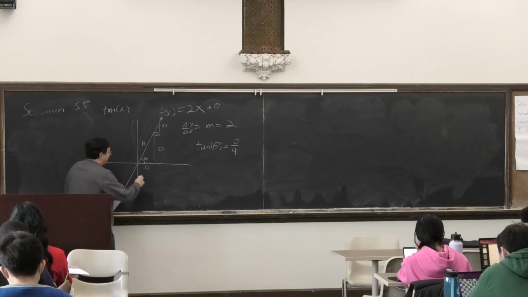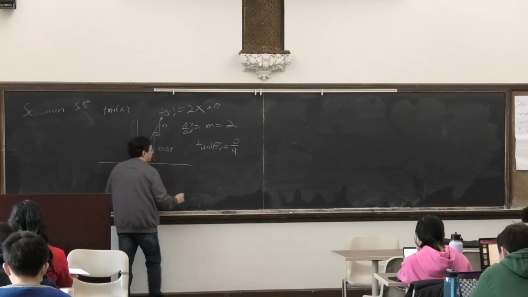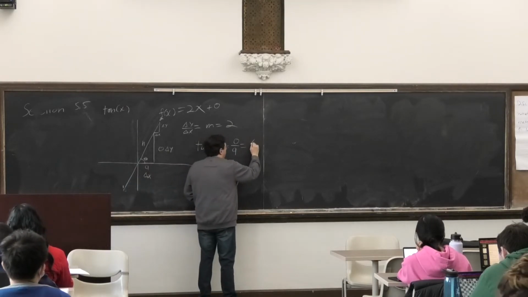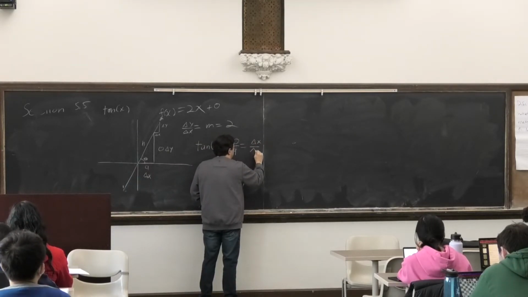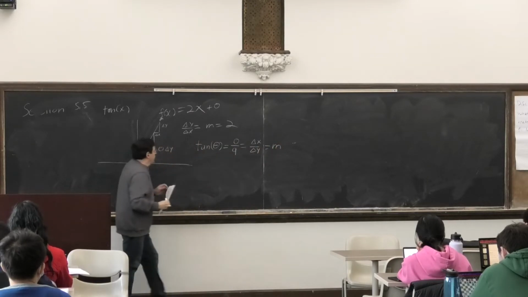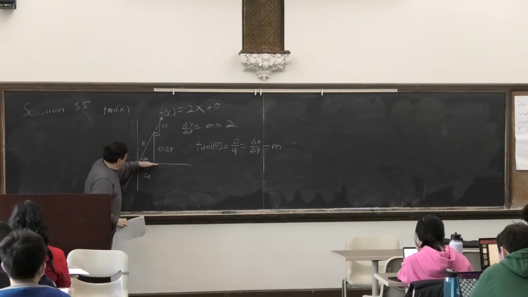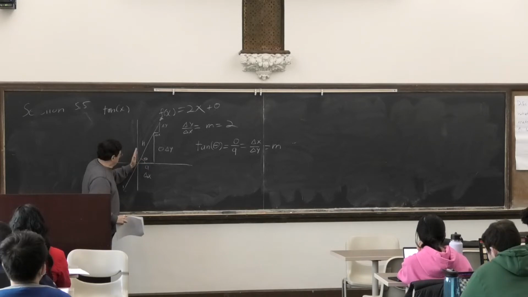But this is just a delta x, and this is just a delta y. Which means that you have a line, you know its slope, you also know the tangent of the angle it makes with respect to the x-axis.